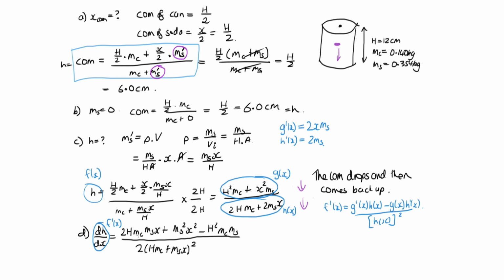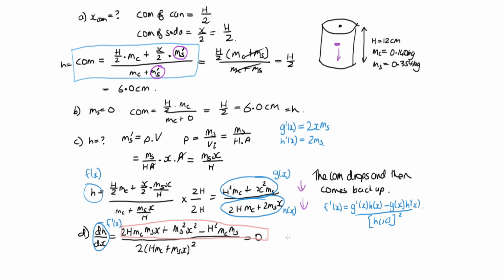And so to find the minimum, this f'(x) has to be equal to 0. So we set this equal to 0, which means that just this bit up the top needs to be equal to 0. So we can solve for when this equals 0.